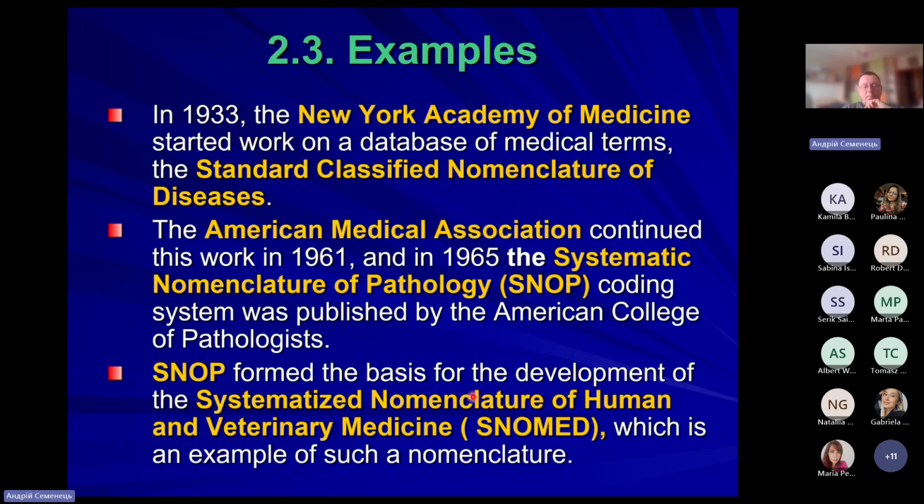And when we talk about medical applications, one of the first attempts was made in 1933 by the United States Academy of Medicine. They started with a standard classification of diseases.